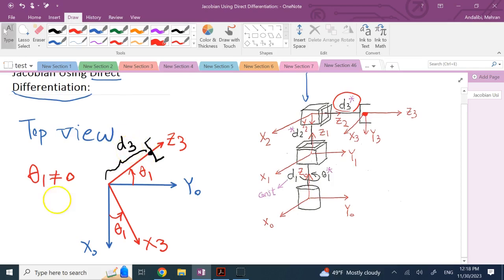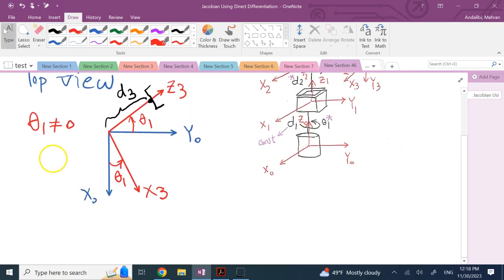If I want to specify the values of it, x of the end effector in frame 0, we have to look at the projection along this x-axis. So we have to project that point along this axis.